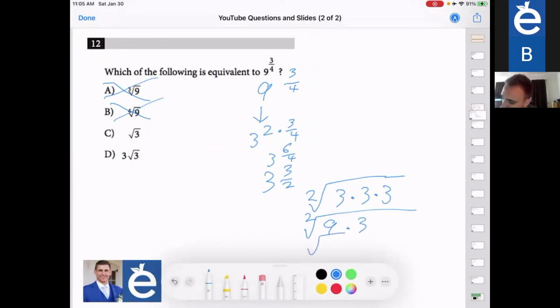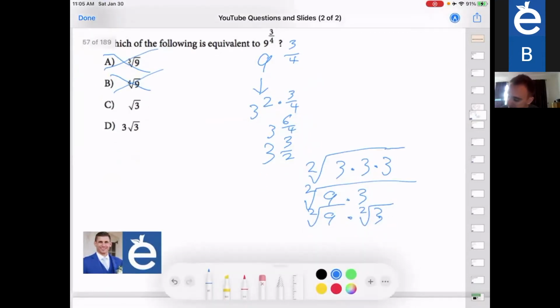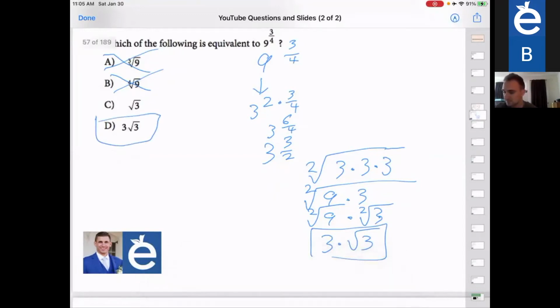So if I break this up into 2 separate radicals, which you can, I can see that the square root of 9 simplifies to just 3. So I have 3 times the square root of 3. That's your answer, D. All right, that's page 57.